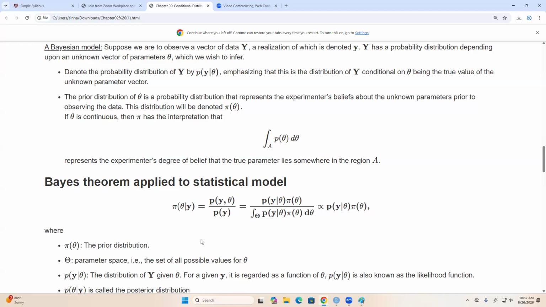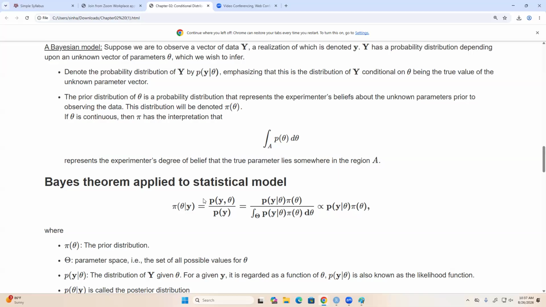Posterior distribution of what? Posterior distribution of the parameter theta. Theta is the unknown parameter I told you. We assume the data generating model given the unknown parameter theta, and we want to make inference about this unknown parameter theta through the posterior distribution.